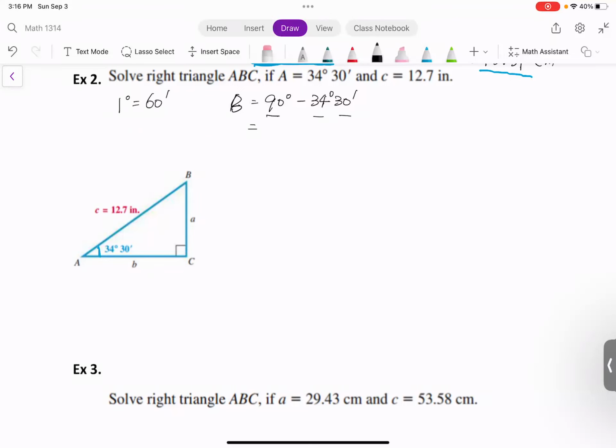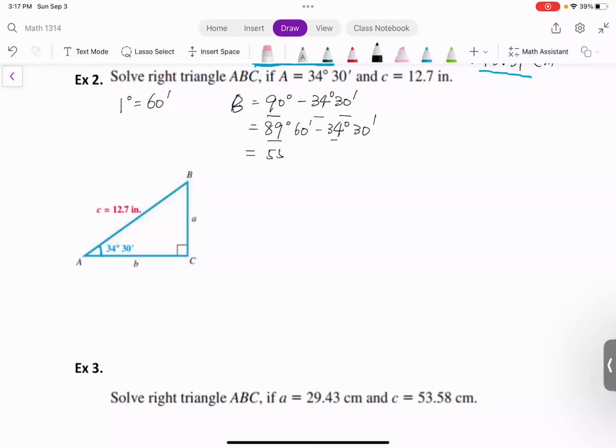That means I can rewrite the 90 as 89 degrees and 60 minutes minus 34 degrees 30 minutes. Then I can do the subtraction between the degrees and the minutes. What is that? That is 55 degrees and 30 minutes. All right, we found the B.